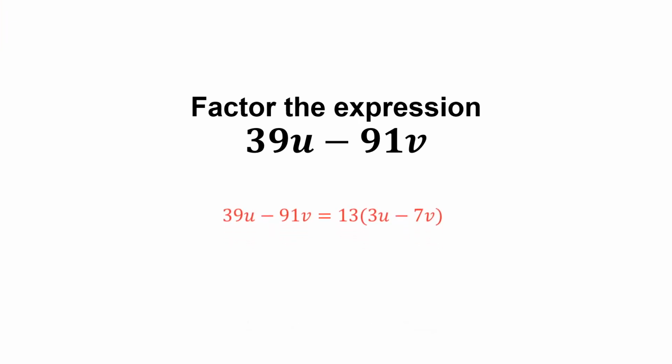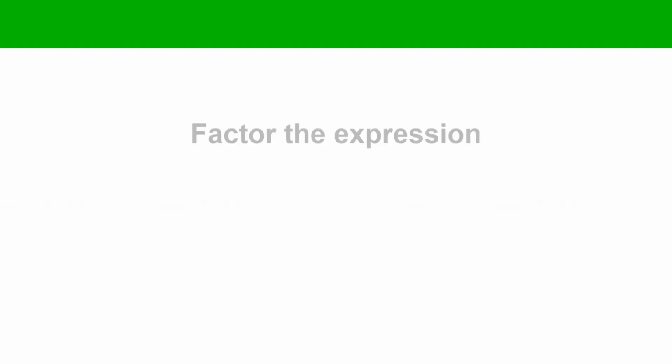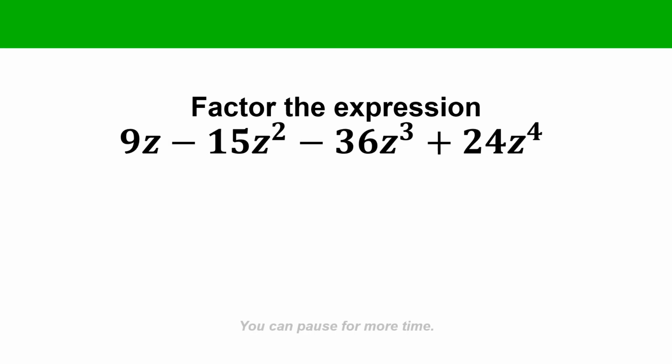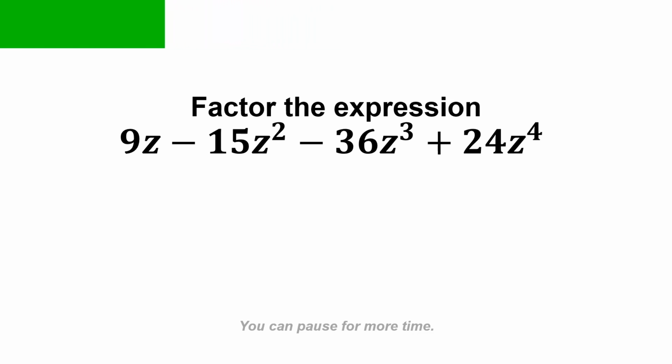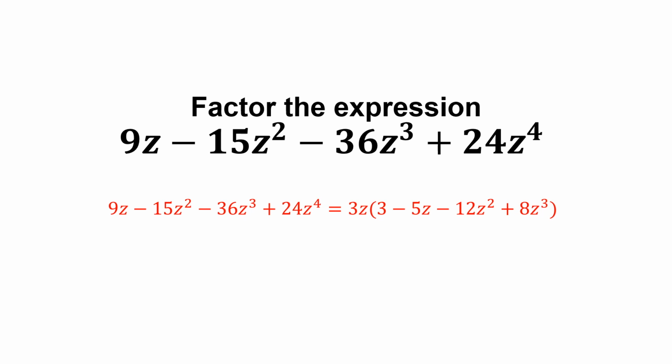The factored form is 13 quantity 3u minus 7v. Factor the expression 9z minus 15z squared minus 36z cubed plus 24z to the 4th. The factored form is 3z quantity 3 minus 5z minus 12z squared plus 8z cubed.